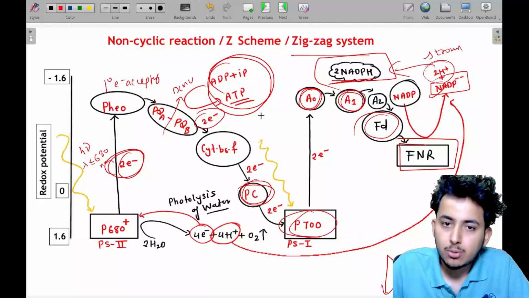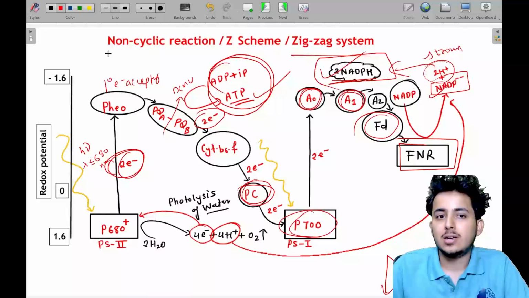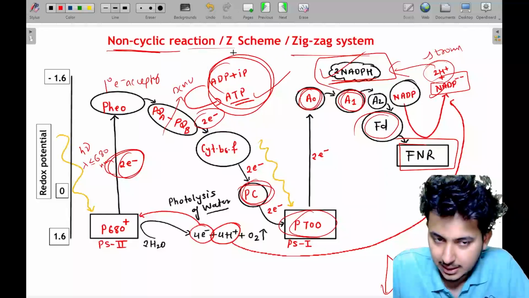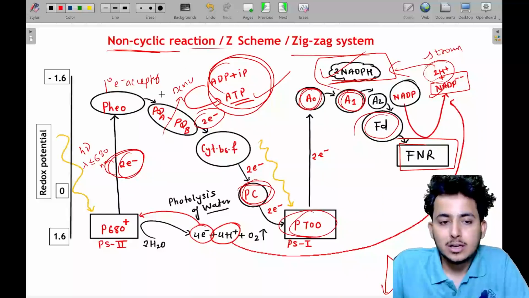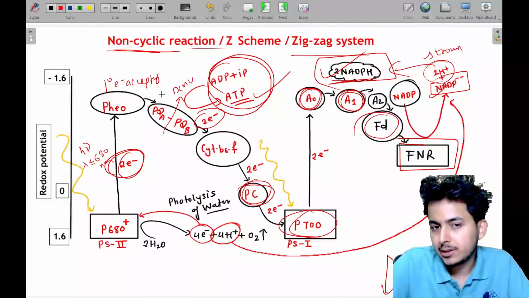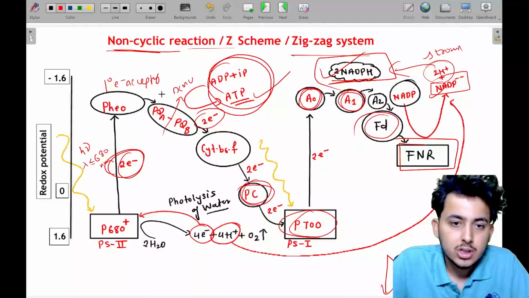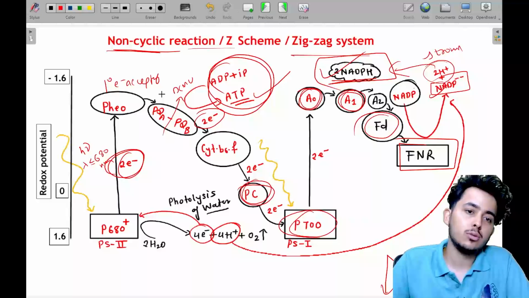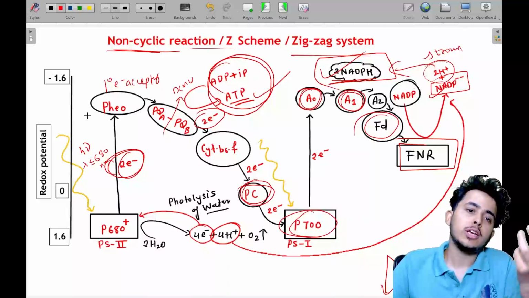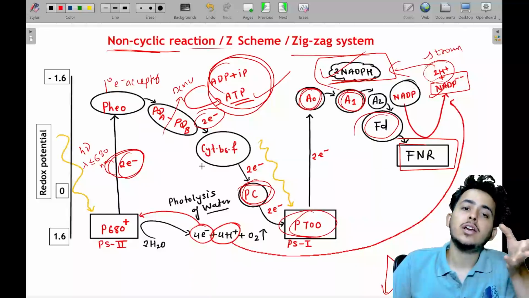So in this entire process, you are generating ATP, you are generating NADPH, and that is why it is the non-cyclic reaction that is happening, also called the Z scheme. Basically, you can understand from this curve that the redox potential is increasing from one carrier to another.